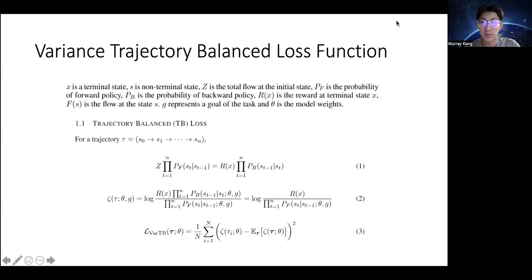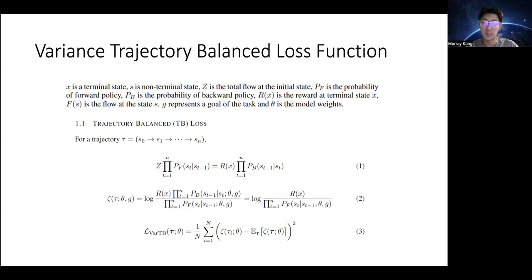The first one is the variance trajectory balance loss function. The key idea of GFlowNet is to sample proportionally to the reward, so that good examples, in theory, have similar probability of being sampled.